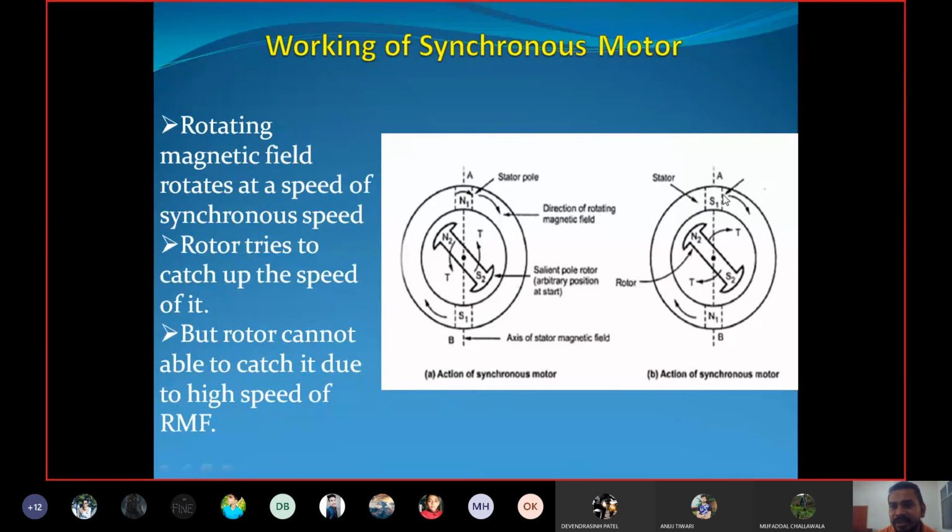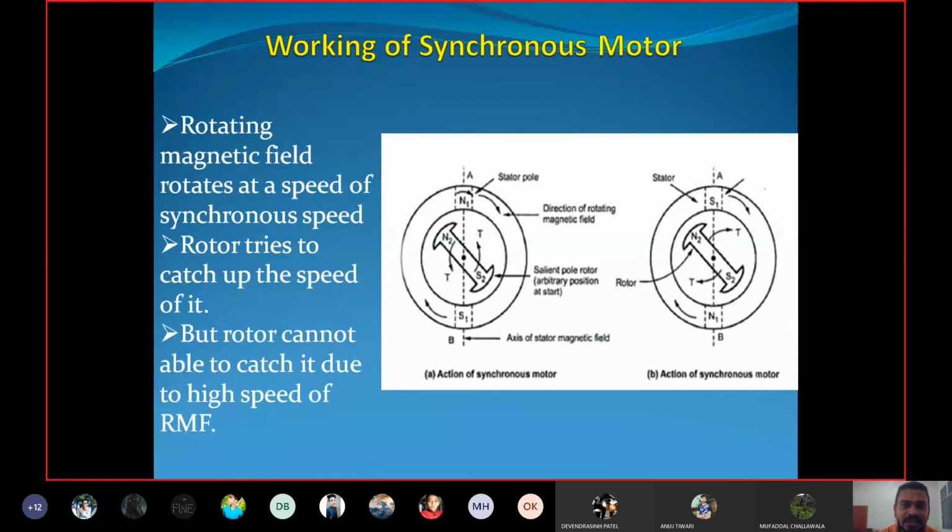Now this pole becomes the north pole of the stator and this pole becomes the south pole of the stator. Once again the same polarity poles come nearer to each other, so once again a force of repulsion is produced between these two.